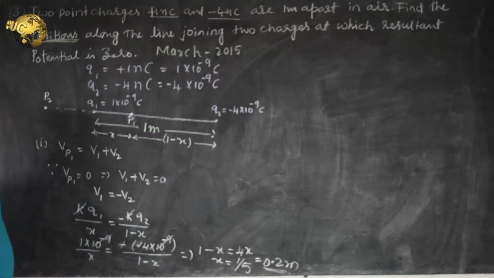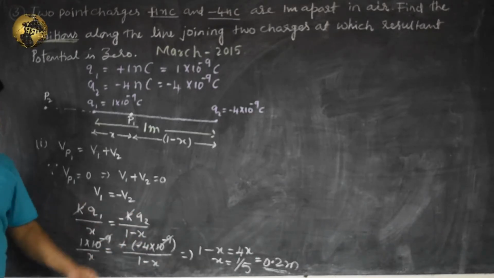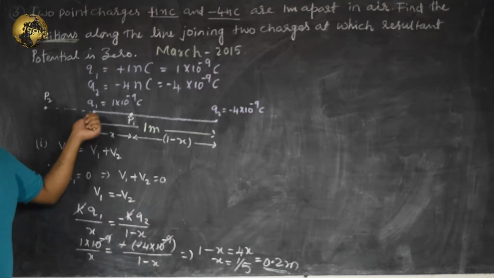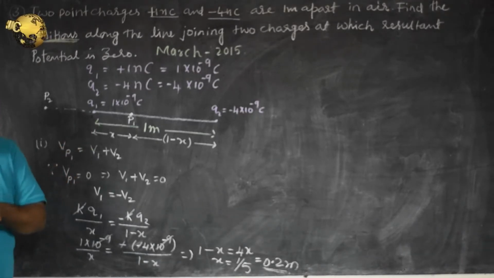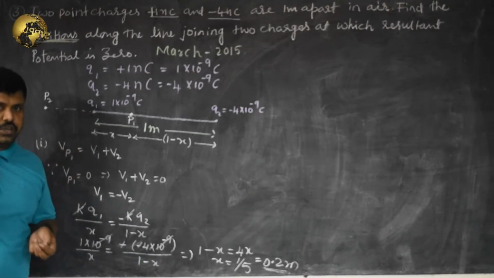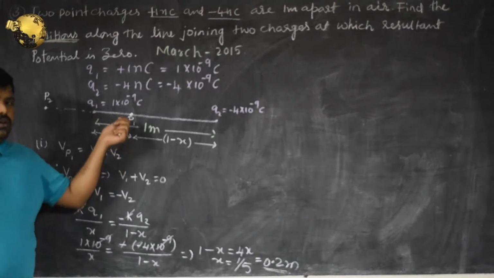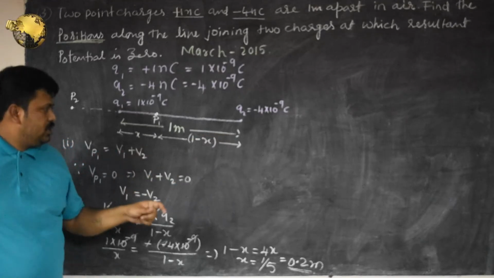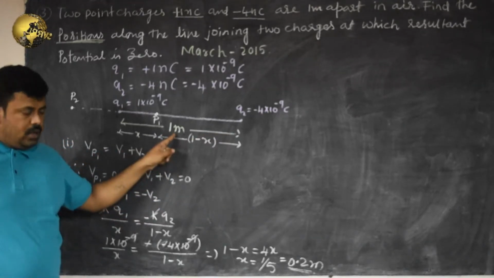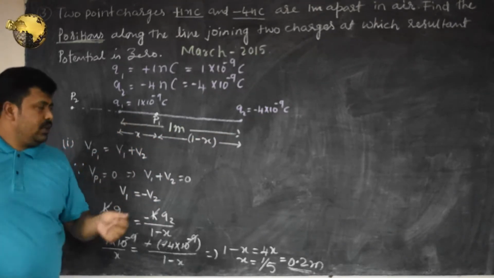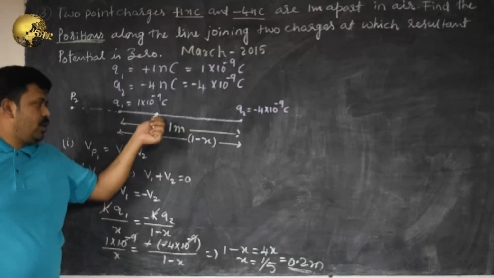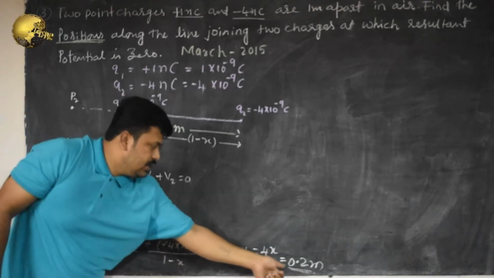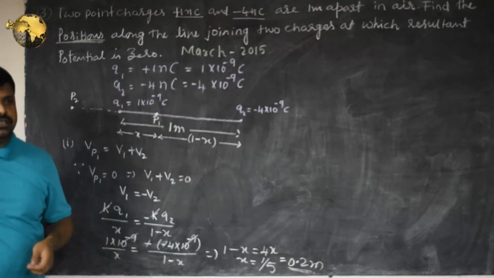The point P1 is at a distance of 0.2 meters from Q1. So initially what I informed you, the point where potential is 0 will be near to the smaller charge. You see, the total distance between the two charges is 1 meter. We assumed that the point P1 is near to the smaller charge, and we called that distance x, and we are getting 0.2, so our assumption is right.